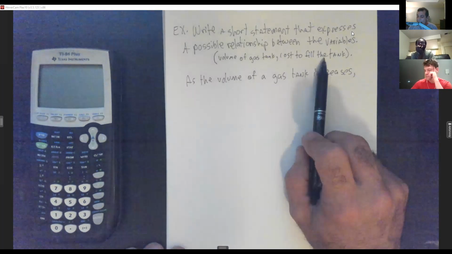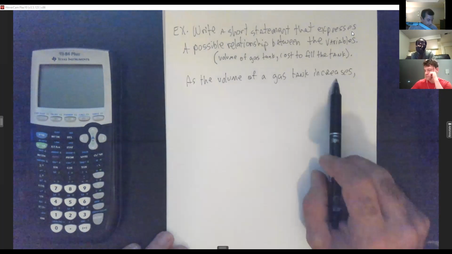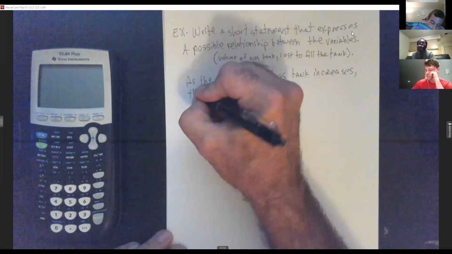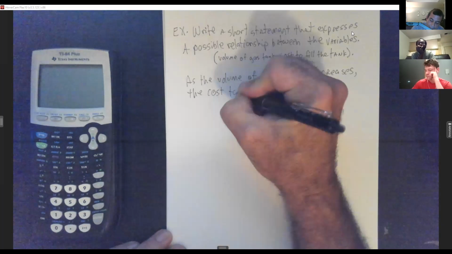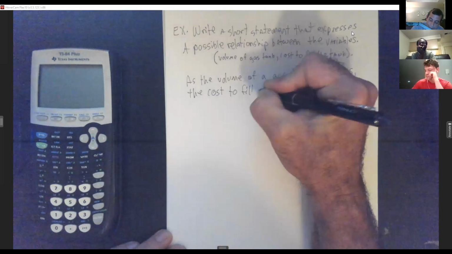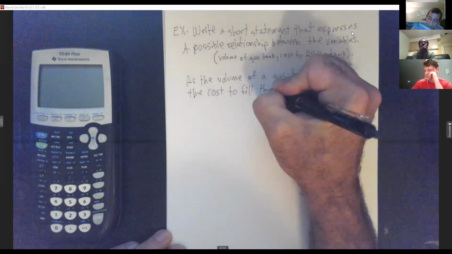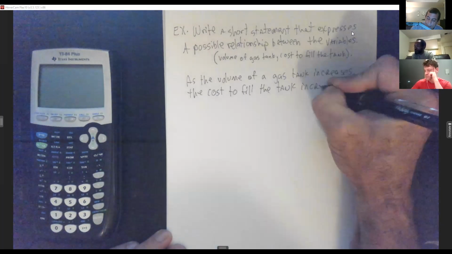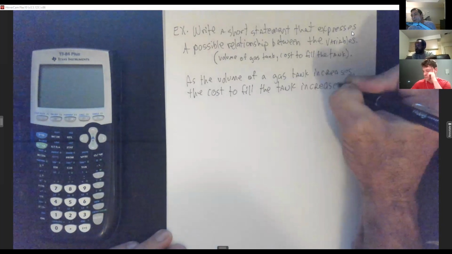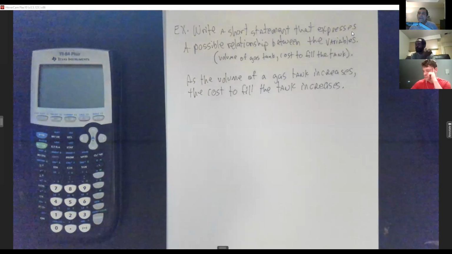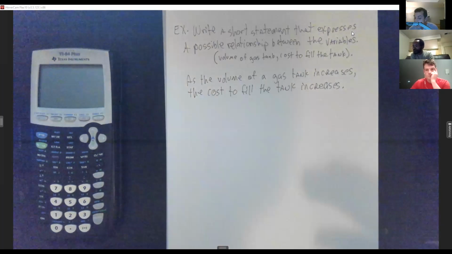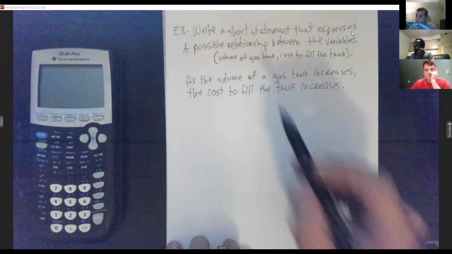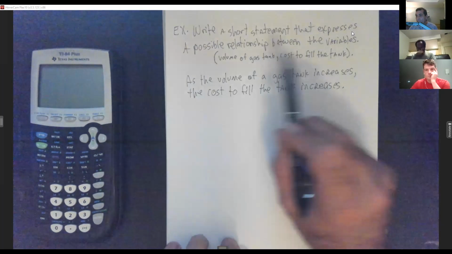As the volume of a gas tank increases, I would think the cost to fill the tank also increases. So they just want to come up with some kind of relationship you think they might have with these kind of variables, okay? So that makes sense, right? The bigger your gas tank, the more it's going to cost to fill it, right?